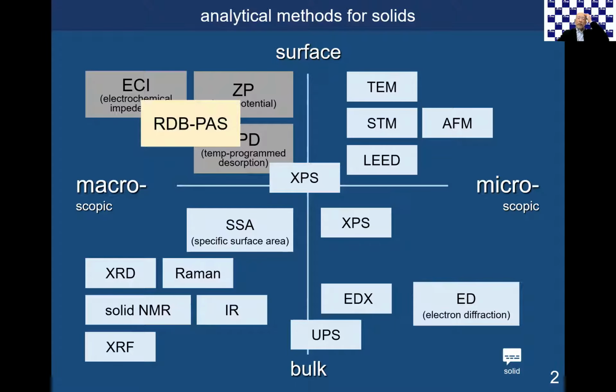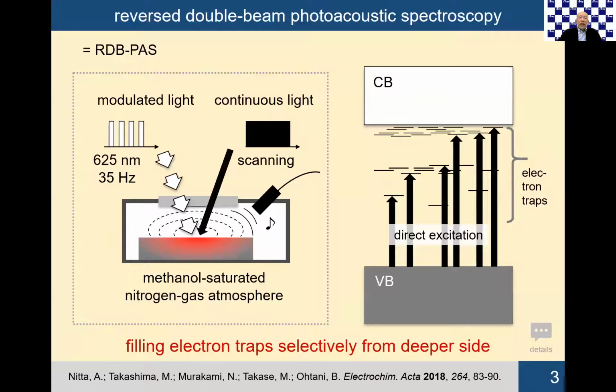The RDB-PAS, our newly developed technique, is a macroscopic surface analysis, and also is sensitive to amorphous structure. The principle is very simple. We assume the presence of vacant electronic states, called electron traps.